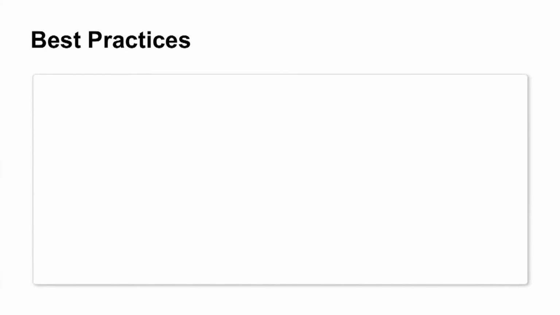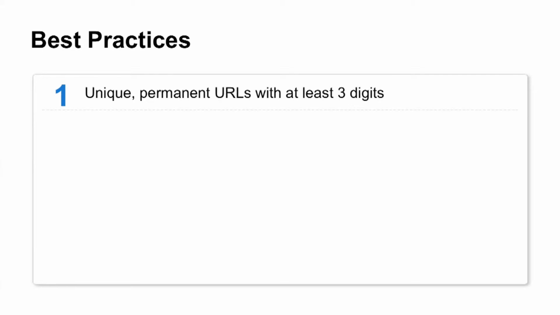So now that we've covered how Google crawls and groups and ranks articles, and we answered some of your frequently asked questions, let's get into some best practices. First, it's important that you create permanent, unique URLs with at least 3 digits. The reason for this is that traditionally, news publishers have used article ID equals a number in their URL strings.